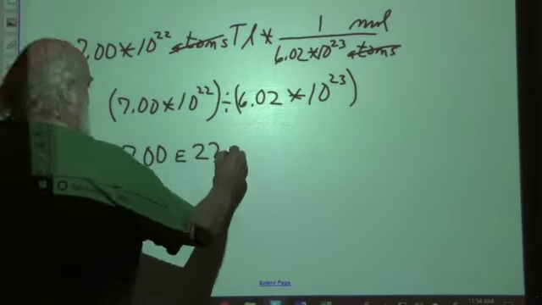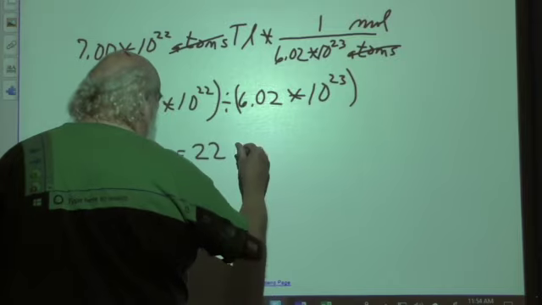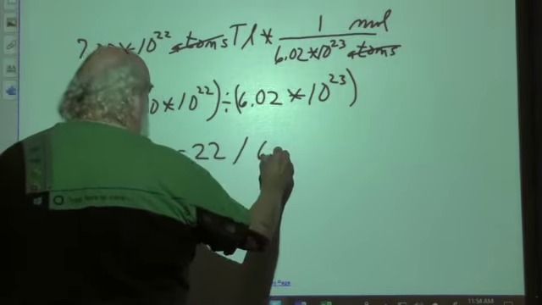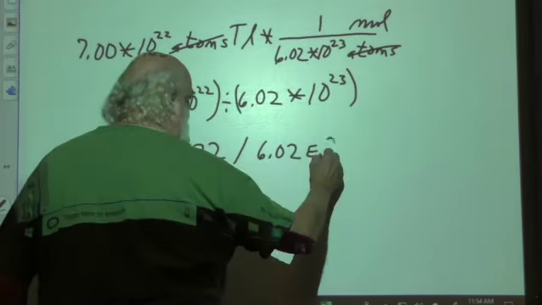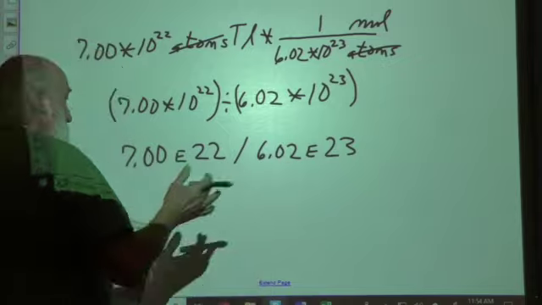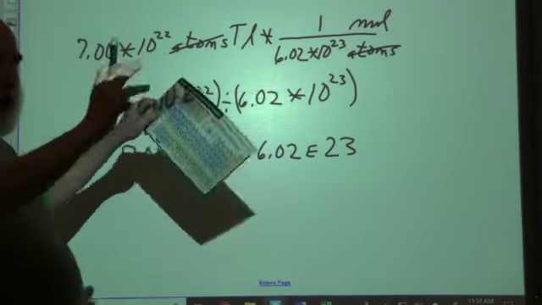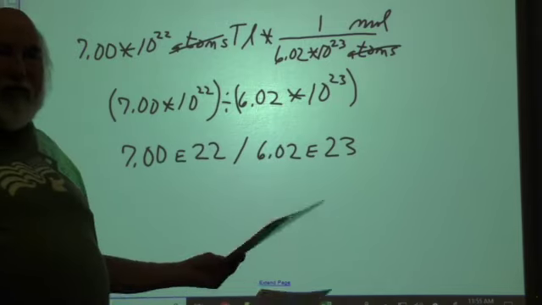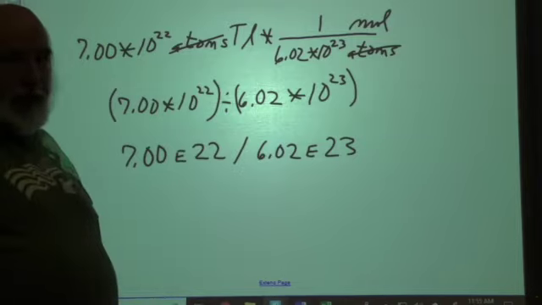Then you hit divided by, and then 6.02, EE 23. And again, you will not need parentheses for that because the EE puts an imaginary parentheses around the whole thing. It just saves you like 5 different things you have to punch in by doing it this way.